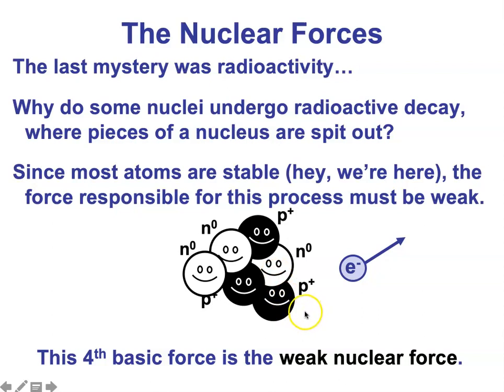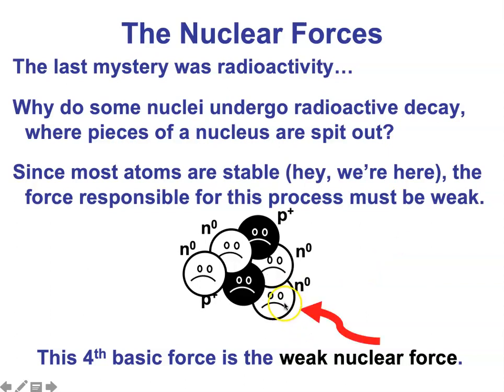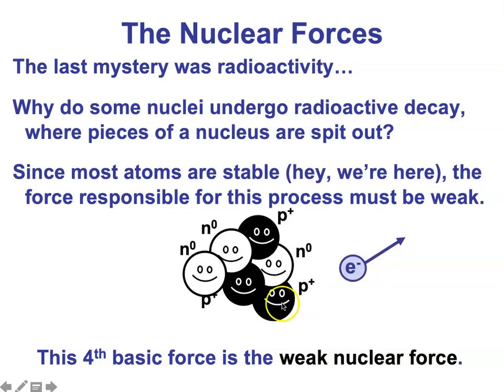But what happened? What happened was, in changing that neutron into a proton, you've created a positive charge, right? This was a neutron, and now it's a proton. It went from having no charge to having a positive charge. Well, electric charges can't just spring up out of nowhere. And so by changing this neutron into a proton, you also end up spitting out an electron.